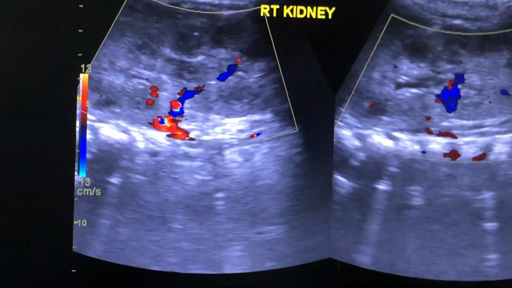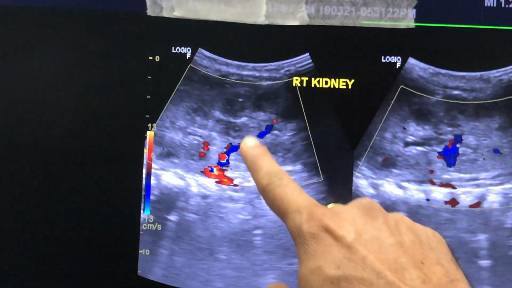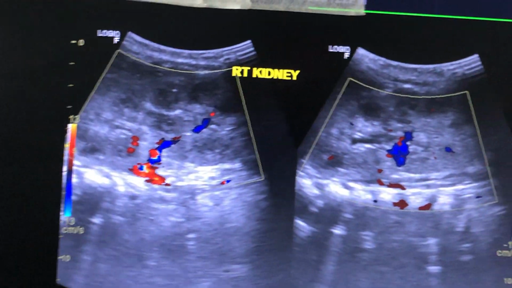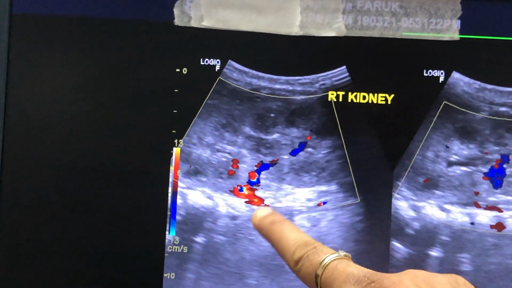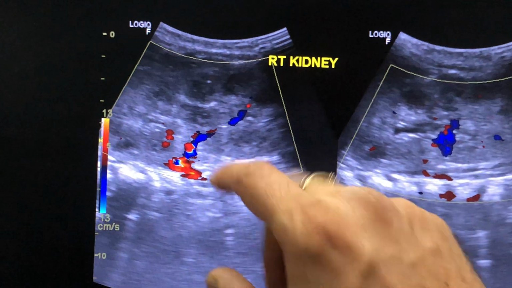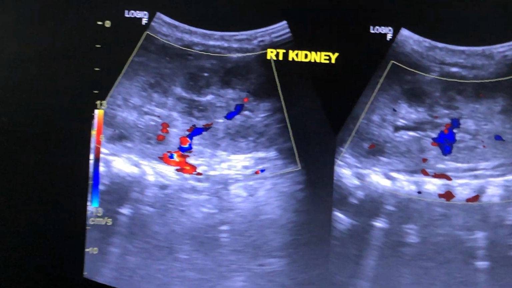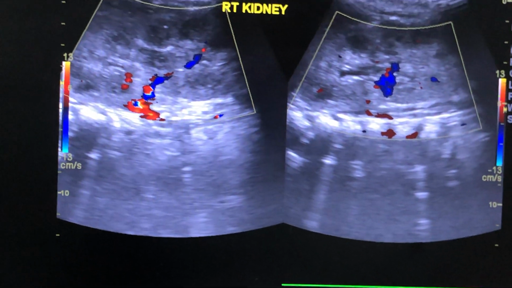The right kidney was showing this kind of flow. Somewhat the color flow was compromised. Just here only there was color flow and these areas were not, so I think it could be due to ischemia.